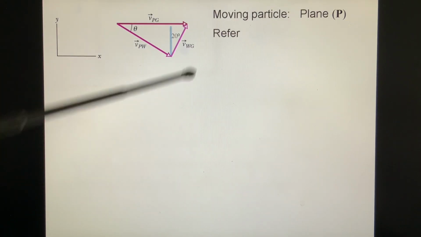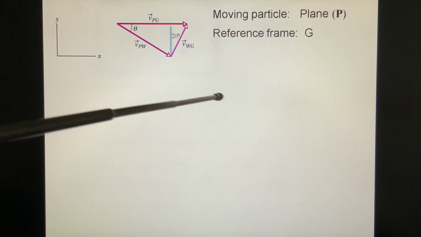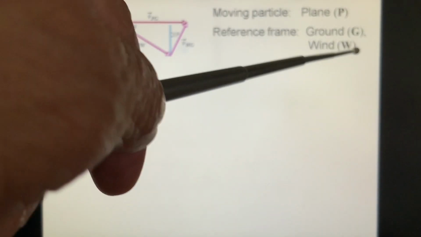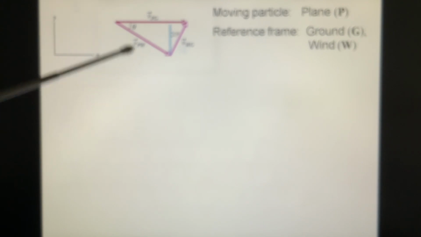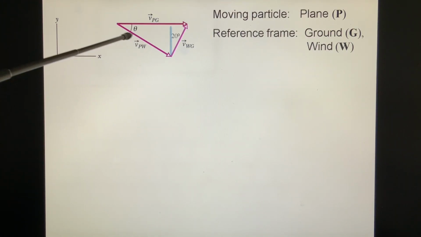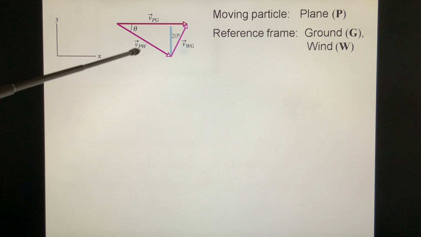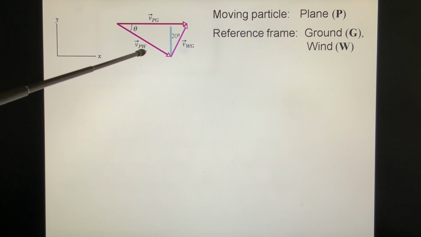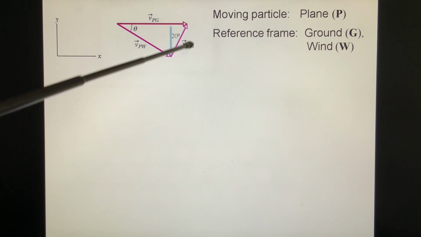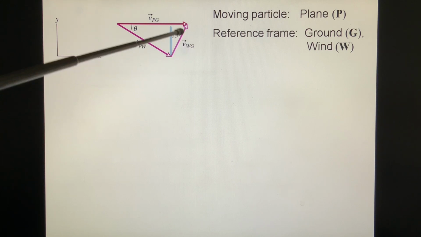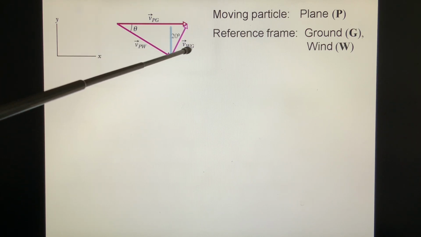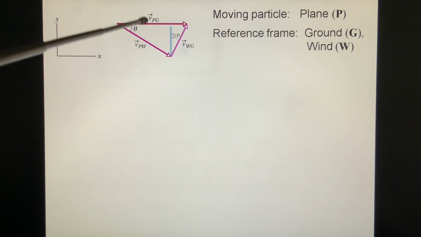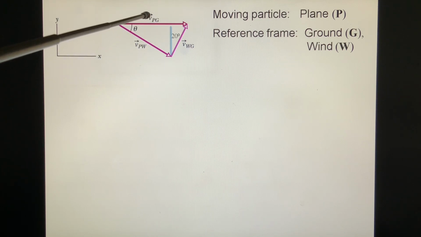The plane is called P. For the reference frames, you have the ground, G, and the wind, W. So this is VPW, the velocity of the plane with respect to the wind. This is VWG, the velocity of the wind relative to the ground. And this is what we want to find, the velocity of the plane, P, relative to the ground.